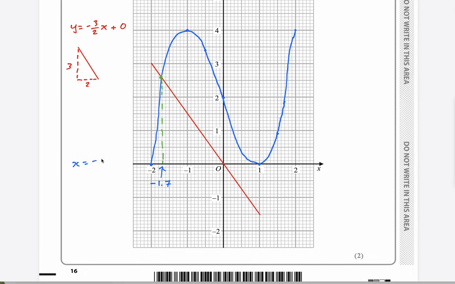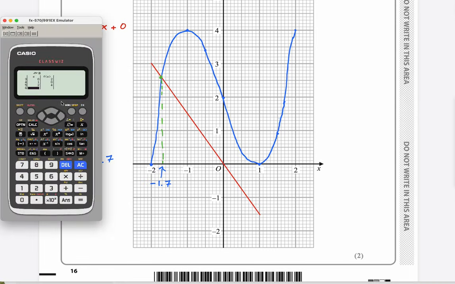Now, guys, if you didn't quite understand how I drew that graph there, although arguably you should, you can always just draw it with the calculator. You can just make another table and just do minus 3 over 2x. Press enter. You can start at, it doesn't really matter because you just need 2 points, but let's start at negative 2 and end at 2.